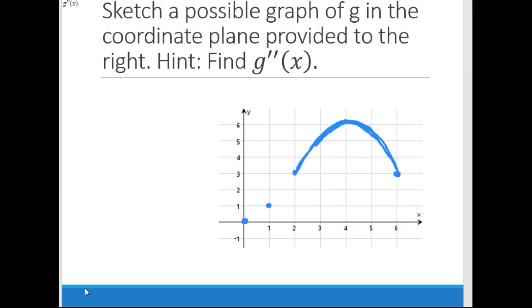And you can see from 2 to 6 on f, it's decreasing, hence my graph being concave down. From -1 to 1, the graph is increasing. So that means that from -1 to 1 on this curve, I need to show concave up.